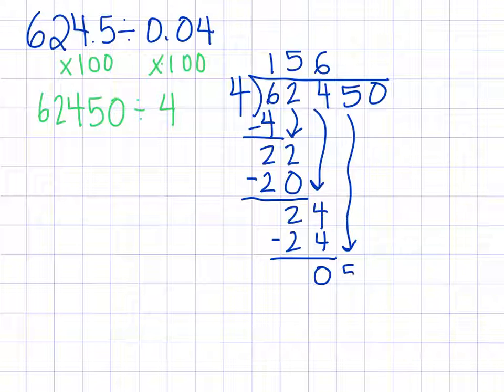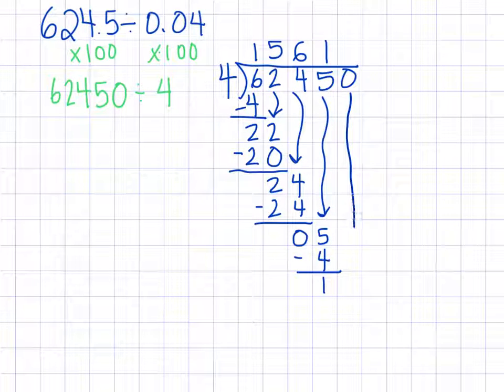We're not yet done. And 4 goes into 5 one time, with 1 left over. So bring down the 0. And 4 goes into 10 2 times. And 4 times 2 is 8, with 2 left over.